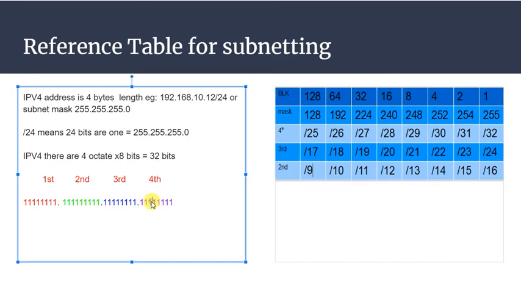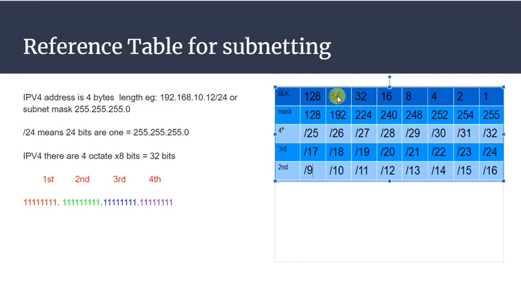If you have 3 bits, that is the 4th octet, which is also equivalent to /25, /26, /27. Next, if you are going for 4 bits, that is basically 240. How we built this table is very simple: 128 plus 64 is 192, 192 plus 32 is 224, 224 plus 16 is 240.